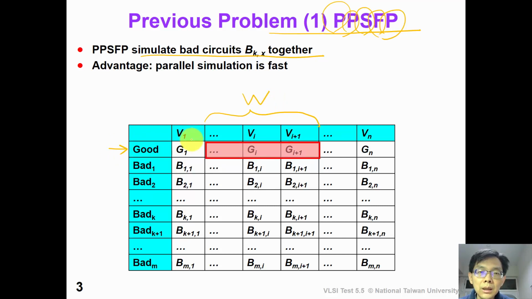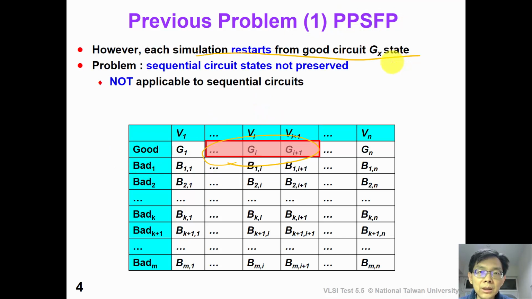And then it will move on to the same W pattern of fault number 1. And then it restarts from the initial good circuit and simulate the second fault again.